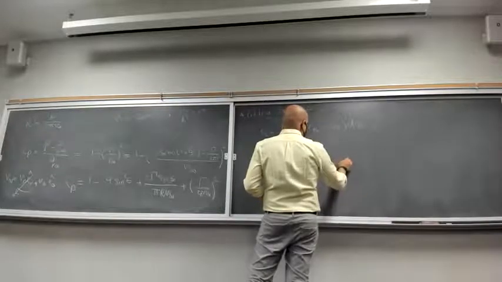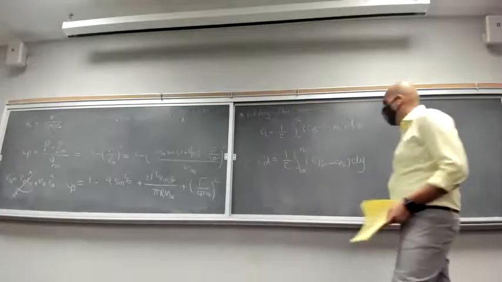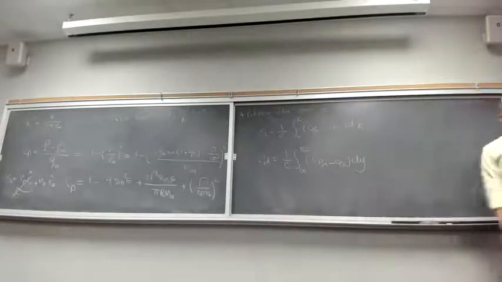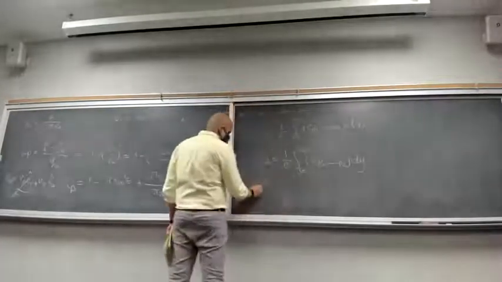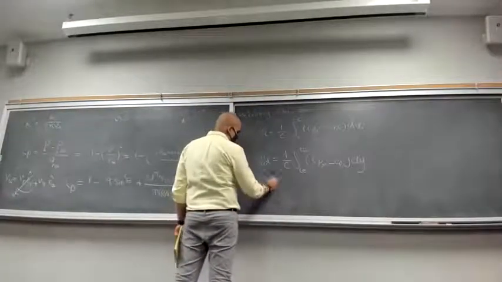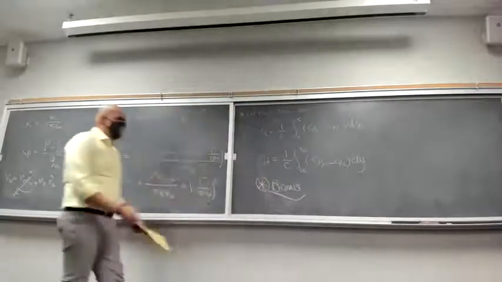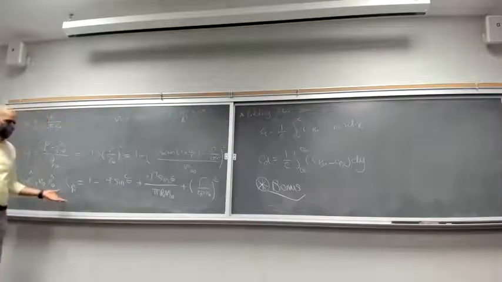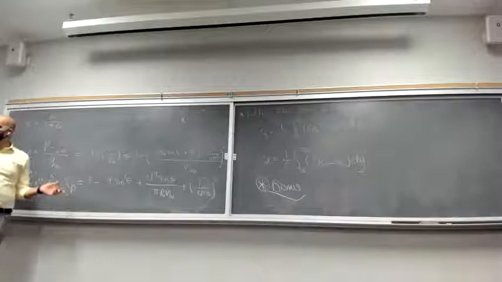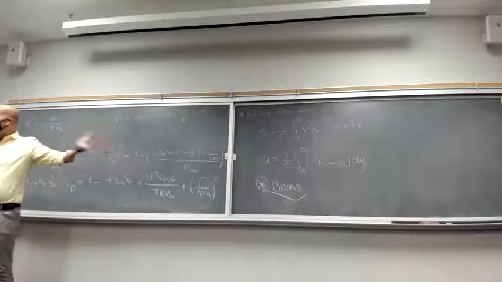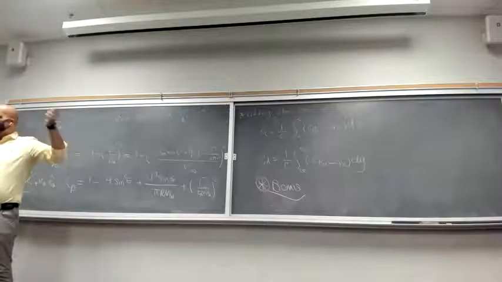Cp upper, Cp lower, dy. Okay, these are the formulas. The idea is you use this pressure coefficient distribution and calculate the lift and drag coefficient using those formulas. Does this make sense?